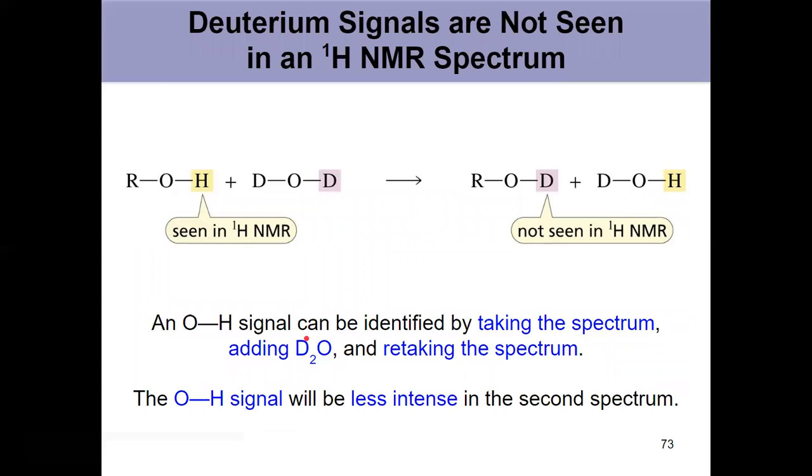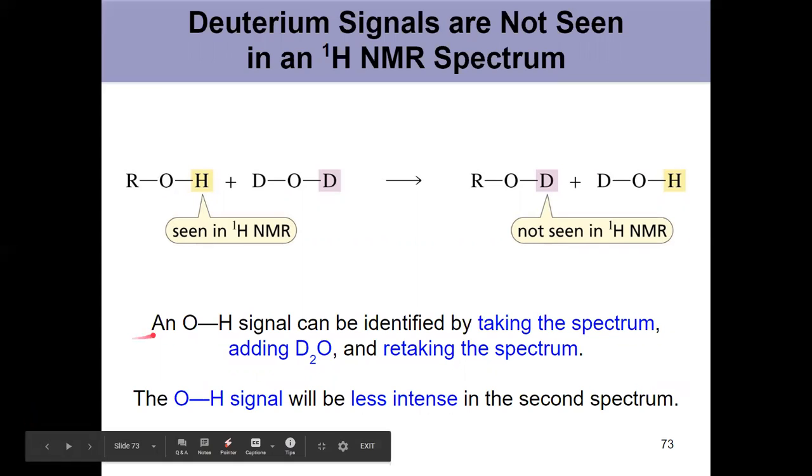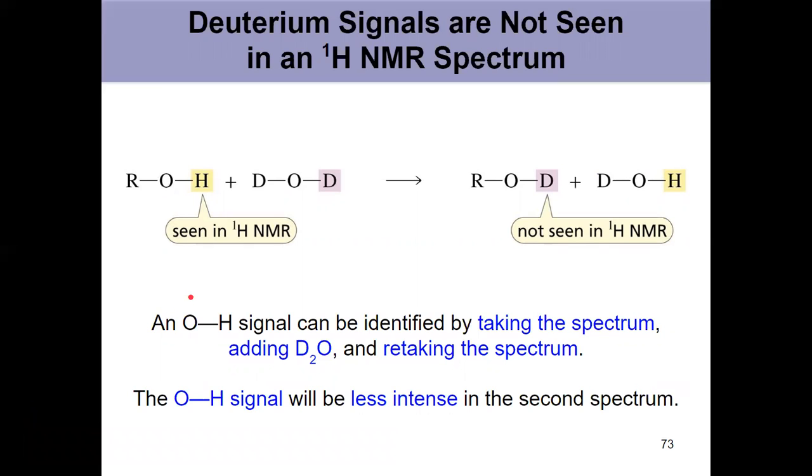And if you ever think you have something that's undergoing hydrogen bonding, you can confirm that by checking it with deuterium, which is what this is saying right here. An OH signal or an NH signal can be identified by taking the spectrum after adding D2O. It's known as heavy water, right? Deuterium oxide.